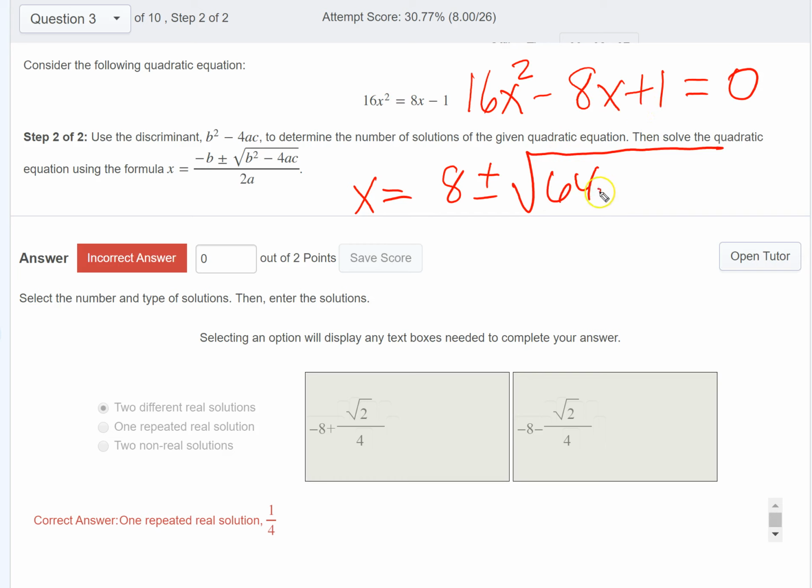And then this is a minus 4a, which is 16, times c, which is a 1.